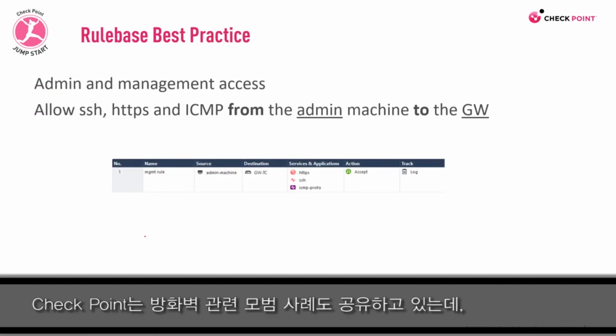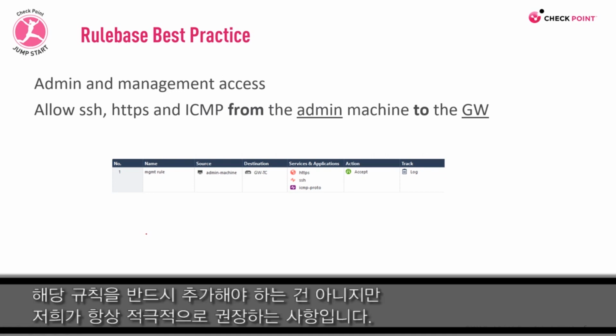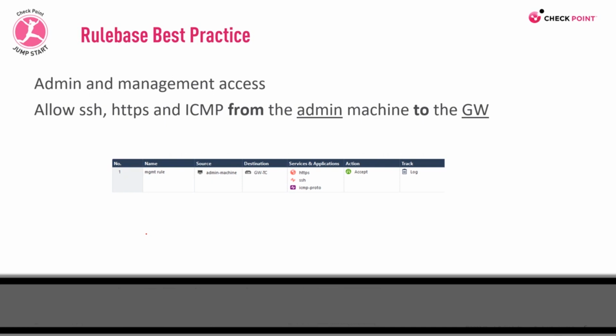Checkpoint recommends best practice for your firewall. You don't have to add those rules, but we highly recommend that you do. The first rule is what we call the management rule.